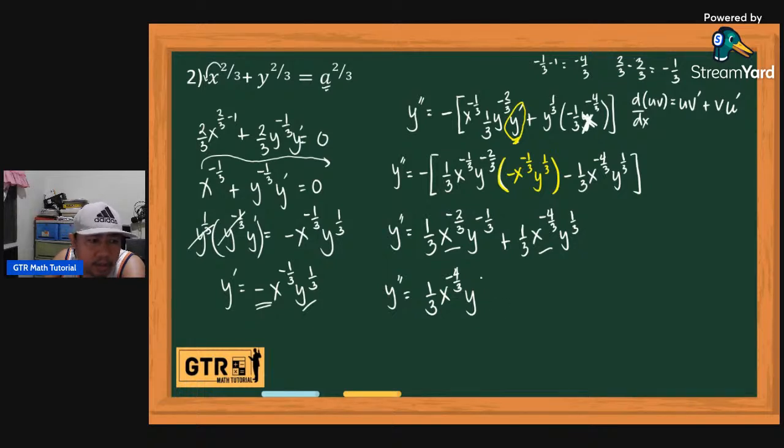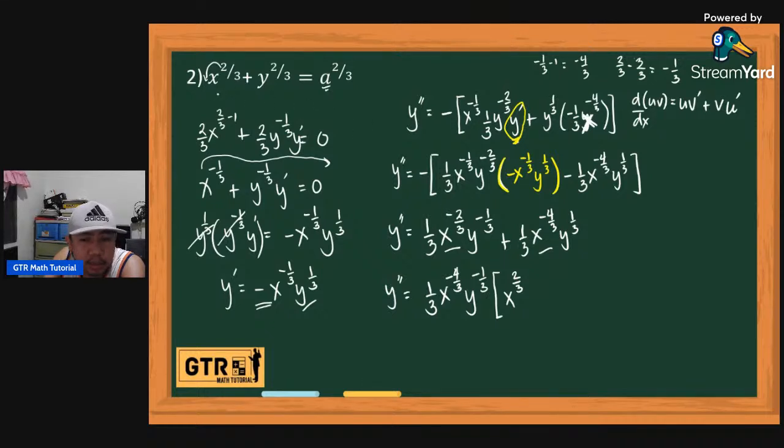So the lower is y raised to negative 1/3. So we factor out 1/3 and x raised to negative 4 over 3. So in order for this to become negative 2/3, this will be x raised to positive 2/3. Okay? Because when we add negative 4/3 plus 2/3, that is negative 2/3.